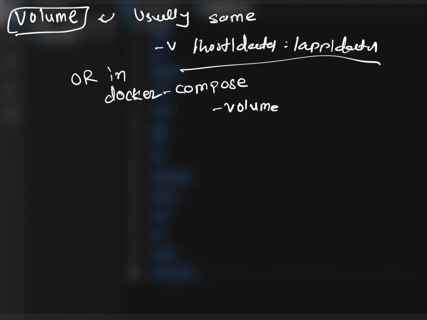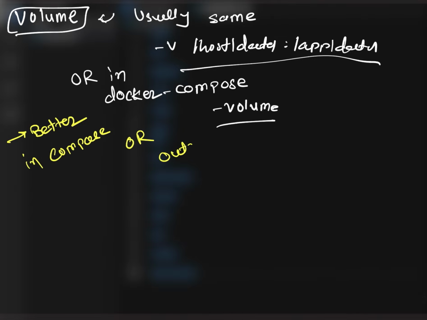We also use it in Docker Compose as volumes. It's better in Compose or the command line, as it's less flexible in the Docker image as an instruction. So it's better to use outside of it. That's why it's less visible in normal Docker images.